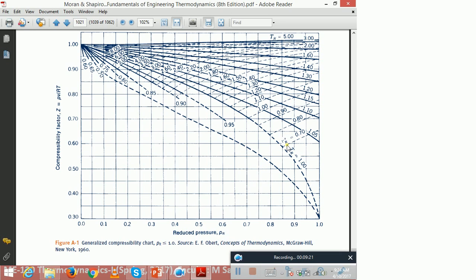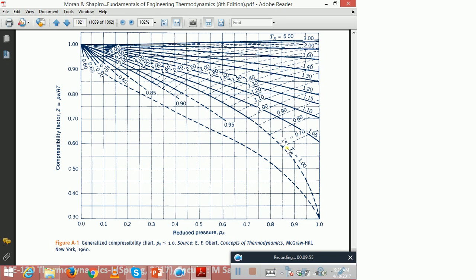Now, for example, if I ask you that you have a pressure of, let's say, 0.85, a reduced temperature of, let's say, 1, and a pseudo-reduced specific volume of 0.70, you can straight away go to this one. Right? You can see that at this point you have PR equals 0.85, TR equals 1, and VR equals 0.70.